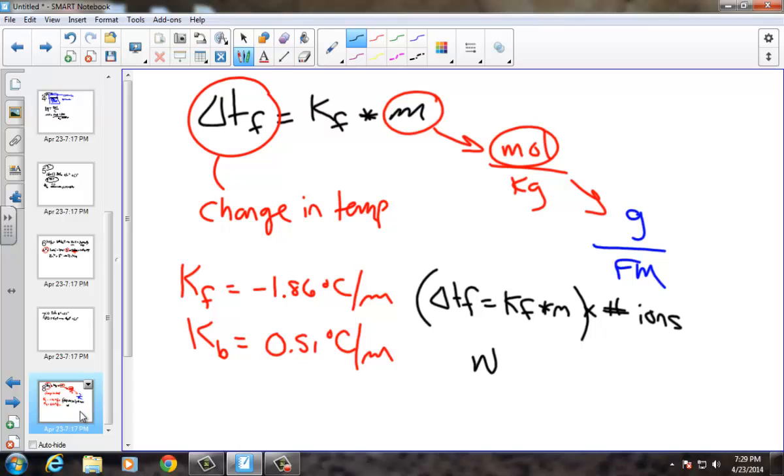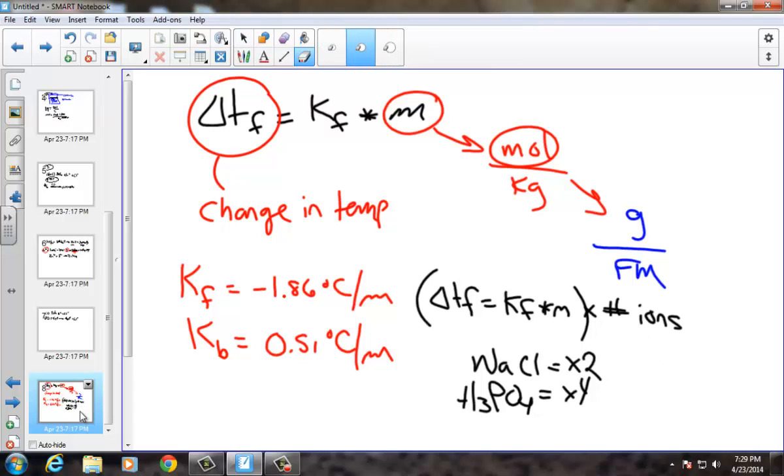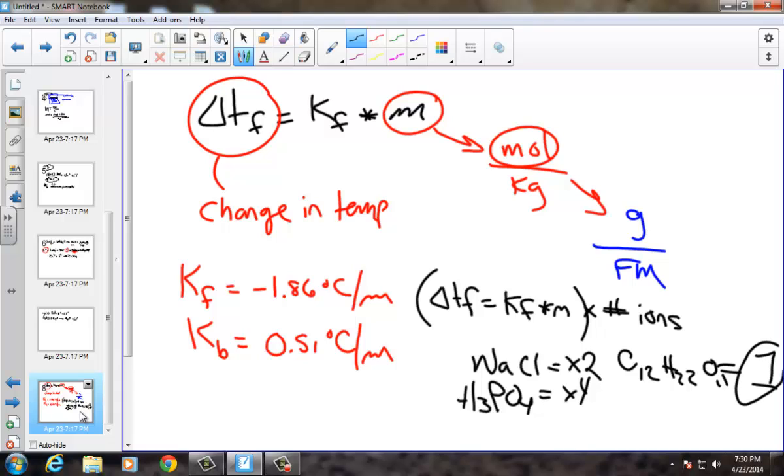So NaCl equals times 2 ions, twice as effective. H3PO4, 4 ions. Anytime you have electrolytes, remember, I'll identify other electrolytes or non-electrolytes for you. But remember, something like sucrose or a carbon hydrogen chain is a non-electrolyte. This does not split. It's just one. So you got to keep that in the back of your head.